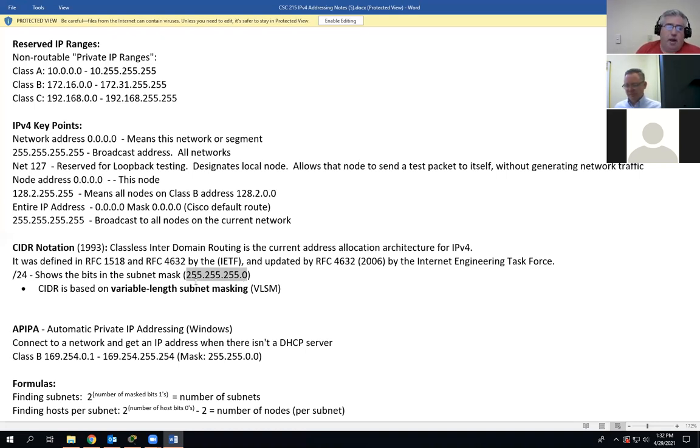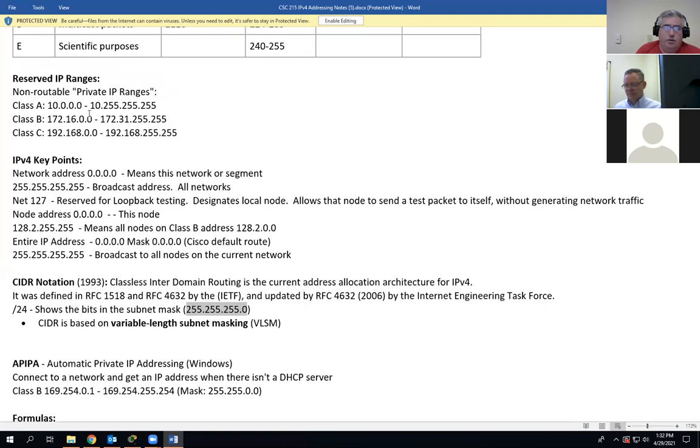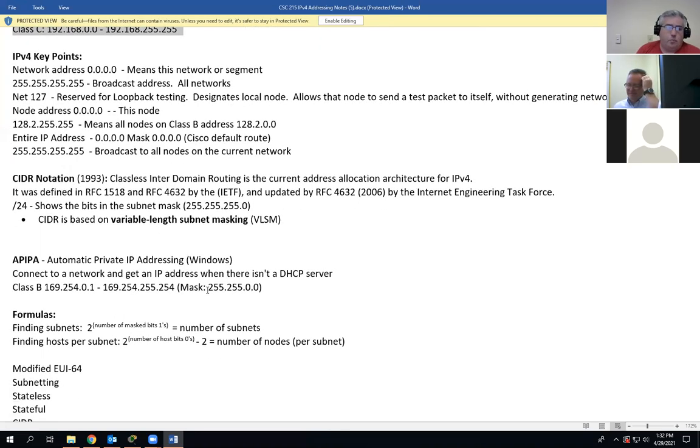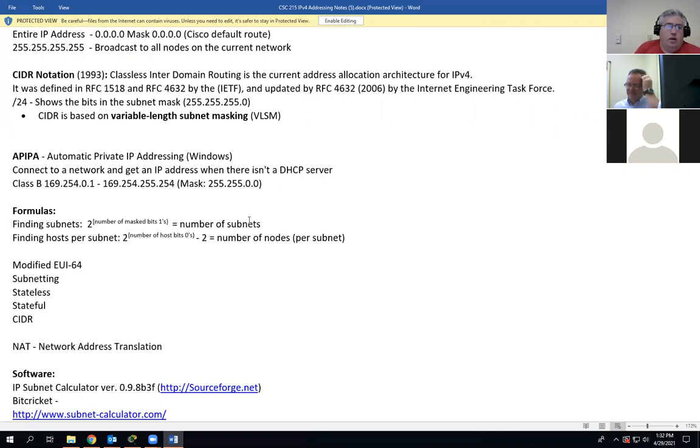By manipulating this mask, you can increase or decrease the number of nodes or networks depending on your needs. Especially when you're using these private address ranges, you have the complete range there to play with, so you can subnet it into smaller chunks as needed and segment your network better.